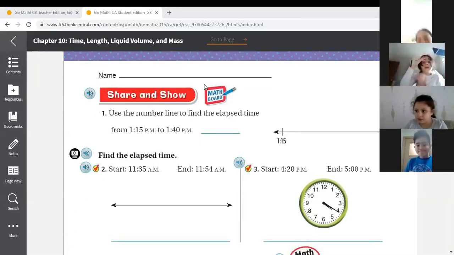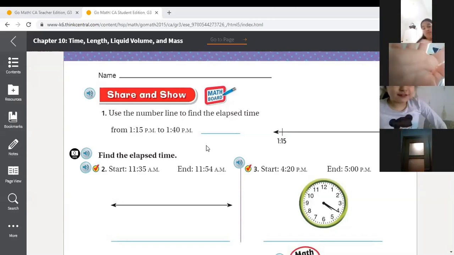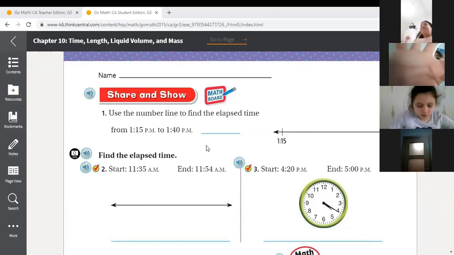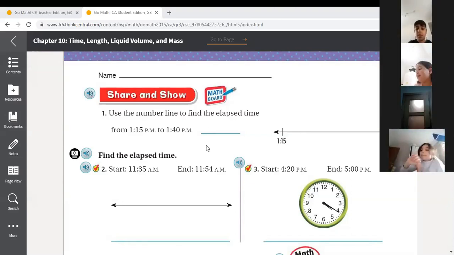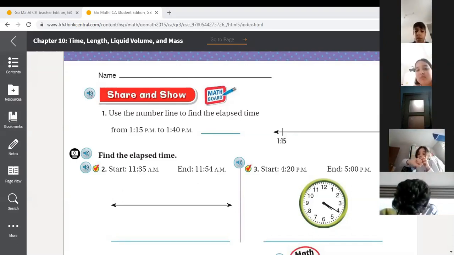Okay, guys, so let's start correcting here. Rana, can you help us with the first one? What did you do for the first one? How did you do it? The first one, I did on the number line. So what did you put in the last dot in the number line?